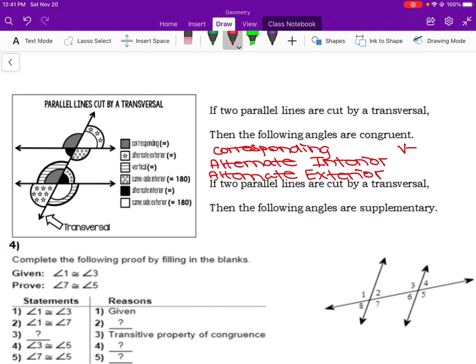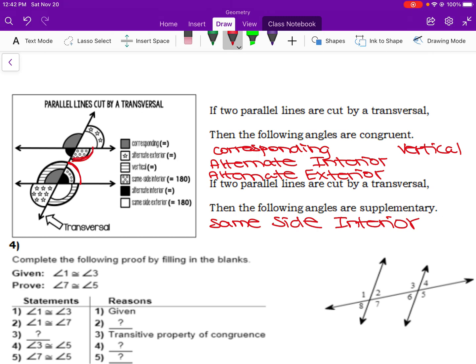Oh, I should also mention that vertical angles as well are congruent. Lots of congruent angles, right? So vertical would be like this guy and this guy. We have same side interior angles, which are, if I were to label, same side interior, also known as consecutive interior angles.